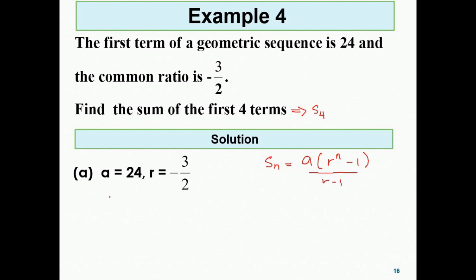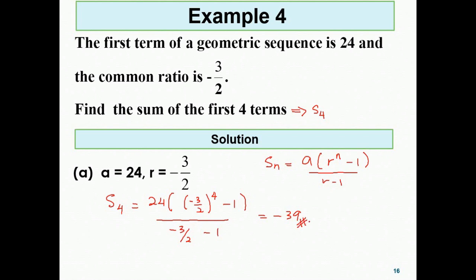So then we have S4 is equal to 24 times (negative 3/2 to the power of 4 minus 1) over (negative 3/2 minus 1). Calculating this expression, we have the answer is 39.